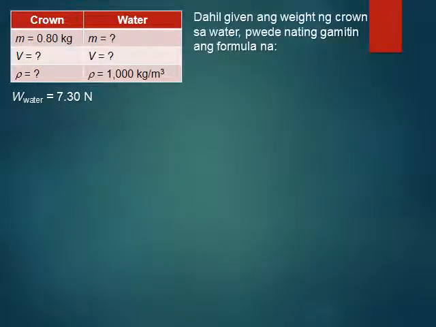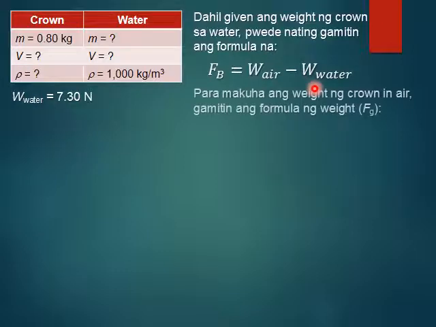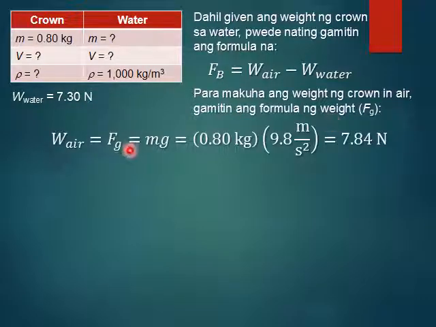So, dahil given ang weight ng crown sa water, pwede natin gamitin itong formula na to. Okay, so the FB is equal to the weight of the crown in air minus the weight of the crown in water. So, para makuha natin ang weight of the crown in air, gagamit tayo ng formula ng weight, which is Fg. So, gagamitan natin siya ng mass times acceleration due to gravity, kasi given naman tayo ng mass ng crown.